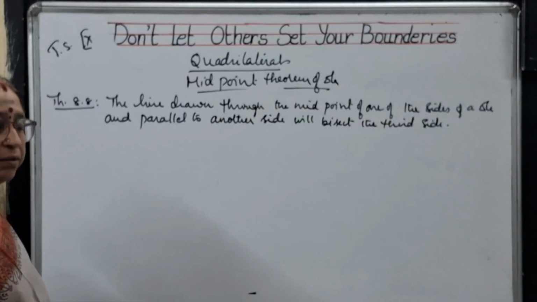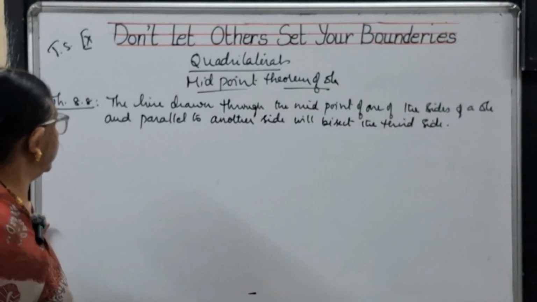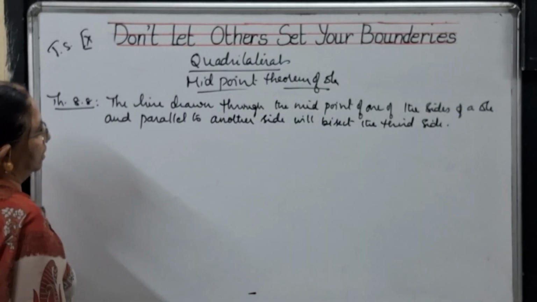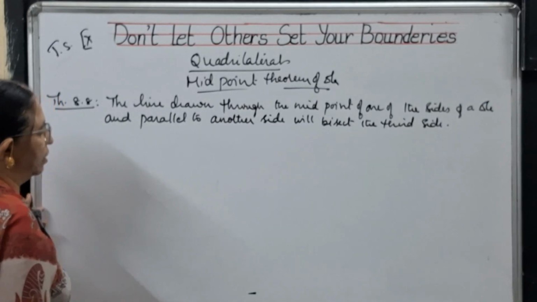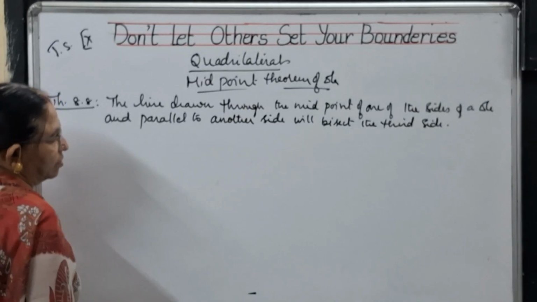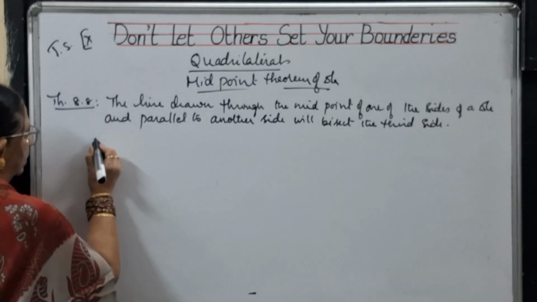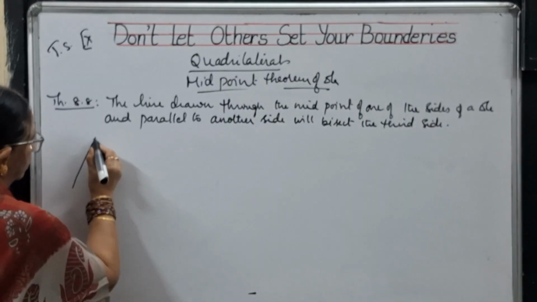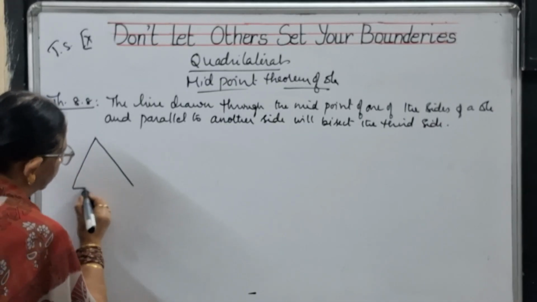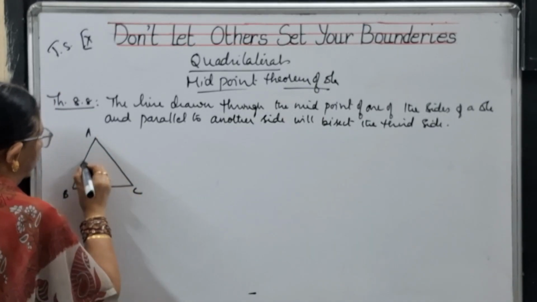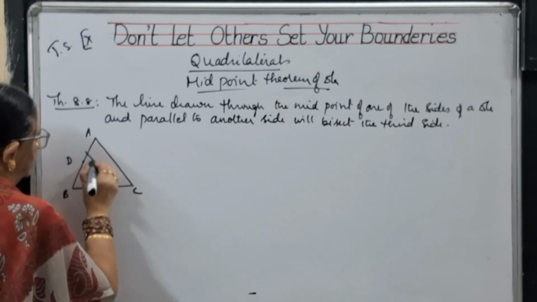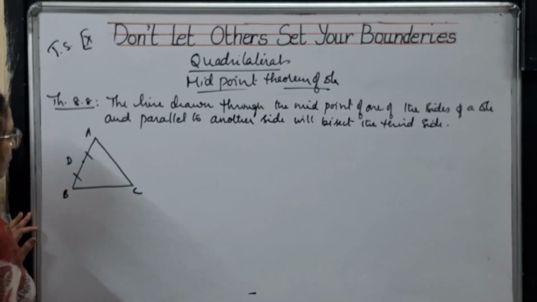Now, the next theorem, children, 8.8. The line drawn through the midpoint of one of the sides of a triangle and parallel to another side will bisect the third side. See, children, this is a triangle ABC, and D is the midpoint of this side.